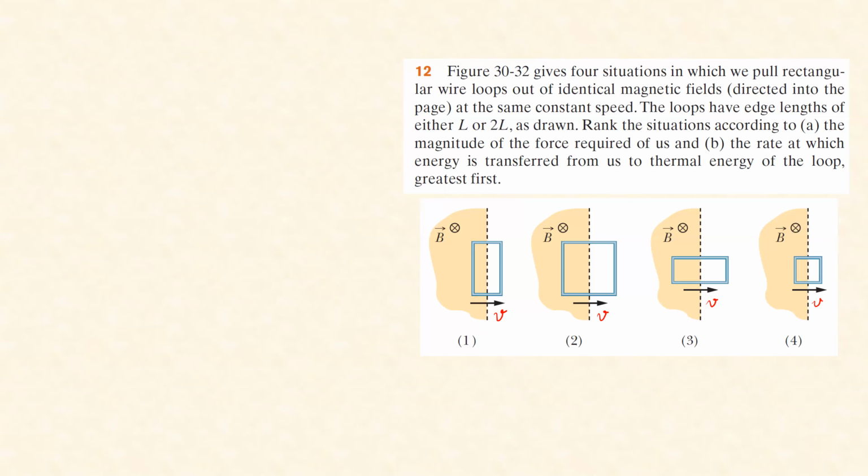So how do we approach that? The loops have edge lengths L or 2L. Rank situations according to the magnitude of the force required of us and the rate at which energy is transferred from us to thermal energy. What can we say?